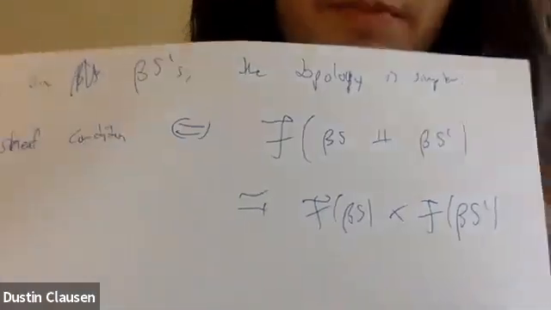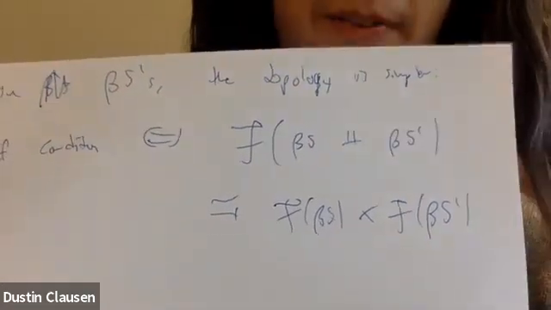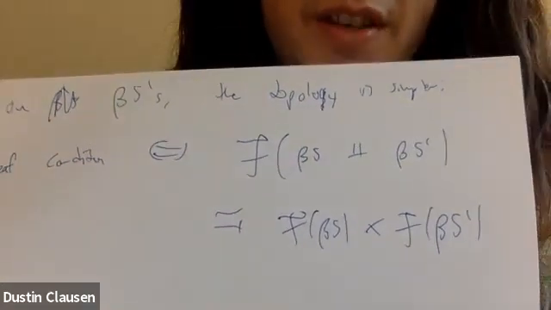The sheaf condition is just the same thing as saying that if you take a beta s disjoint union beta s prime, then f of it is the same thing as f of beta s cross f of beta s prime. So on the level of the compact Hausdorff spaces, the sheaf condition takes two parts. And f of empty set, before Marcus chimes in, f of empty set should be a point.